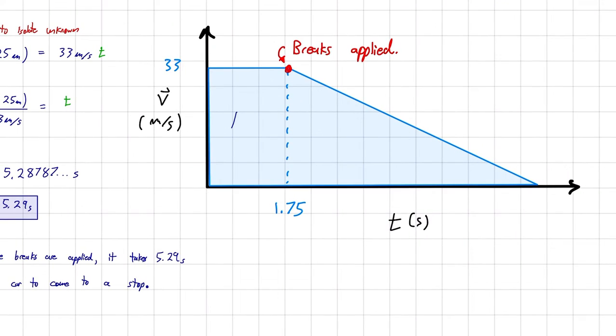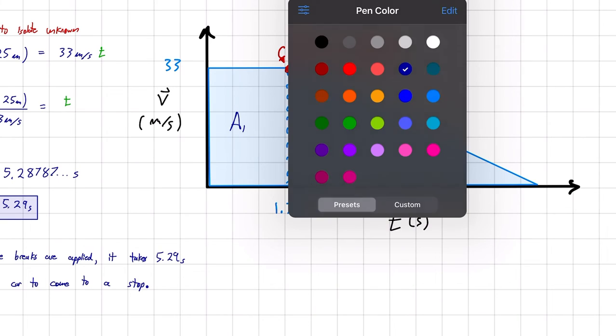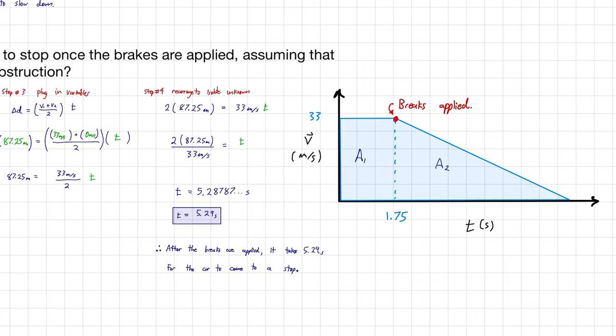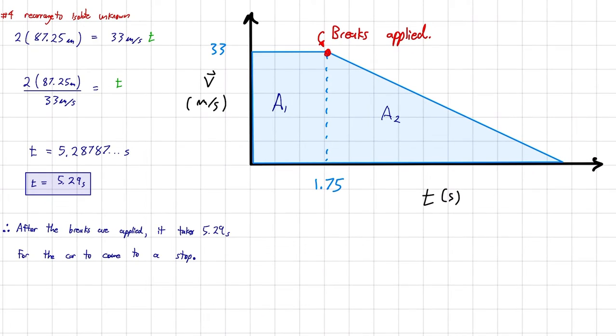And I'm going to label this A1 and A2. All right, so what can we add here? We know from our answer in this question that from the time the brakes are applied until the time the car comes to a full stop, that we have a certain amount of time that passed.